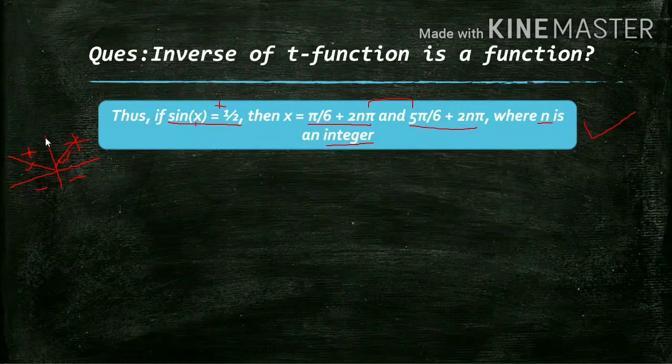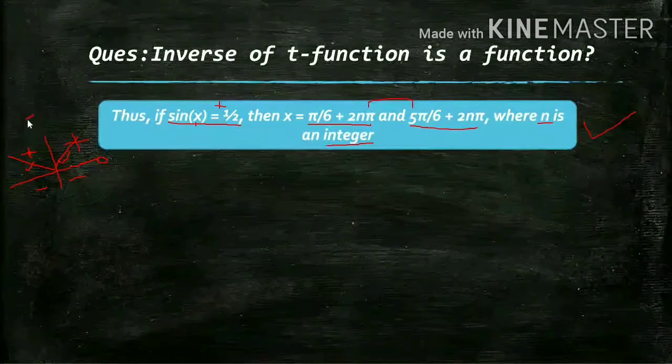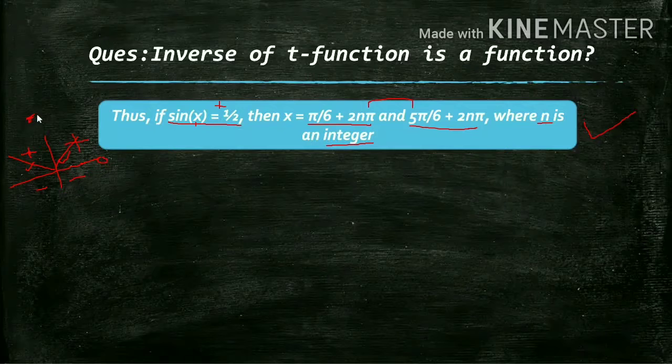You know from 0 to 90, here is angle 0 and here is angle pi by 2. So from 0 to pi by 2, or in any quadrant, sine can take a particular value only once. Like sin x would be half in this quadrant only once, at pi by 6, or any other value only once, not twice.